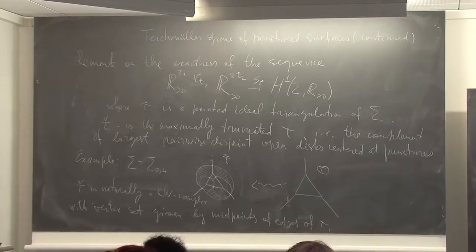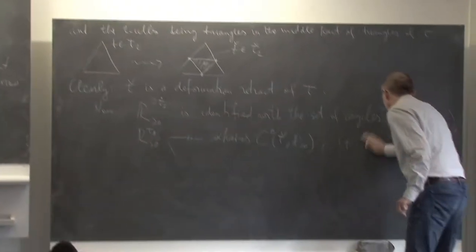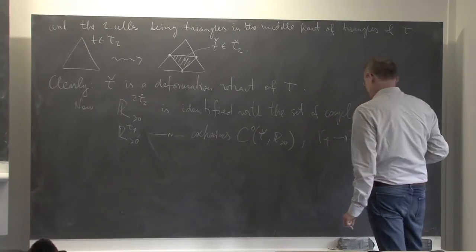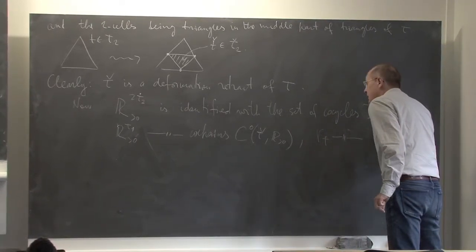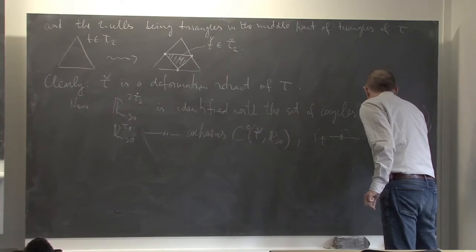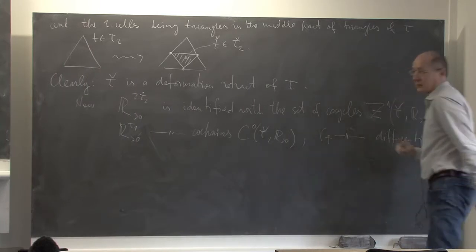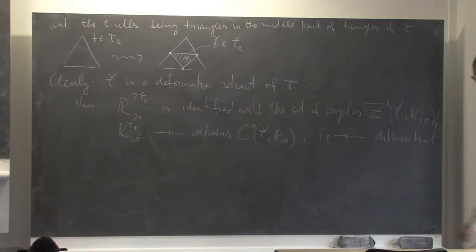R tau dot with the differential is identified with the differential in the cochain complex, right?